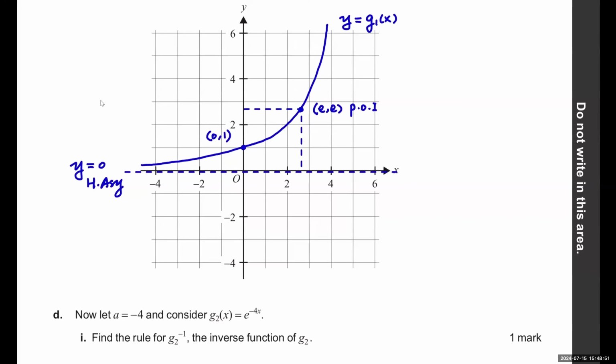The next thing I'm going to draw in orange is the inverse function, which is a log function. x equals 0 is a vertical asymptote. At (1, 0), something like that.